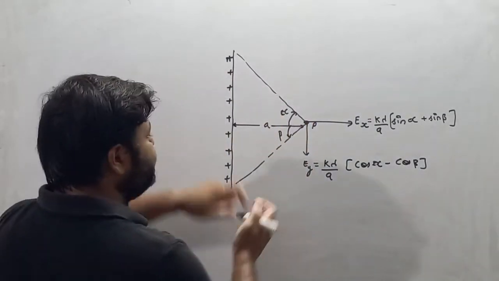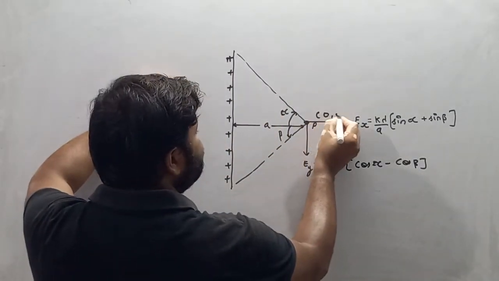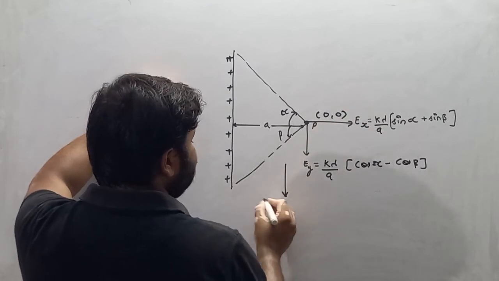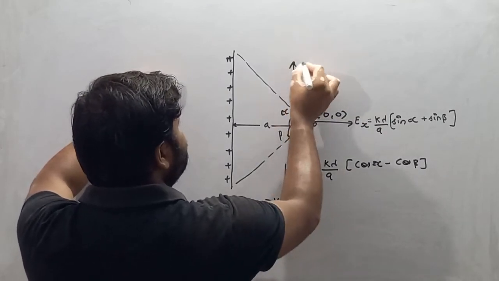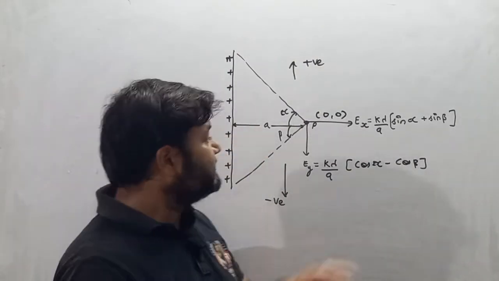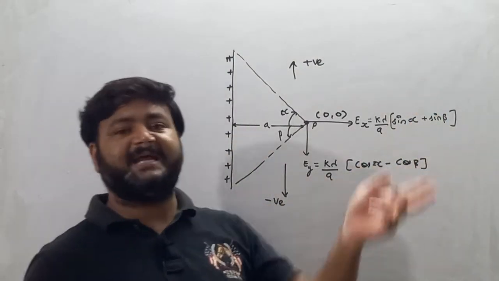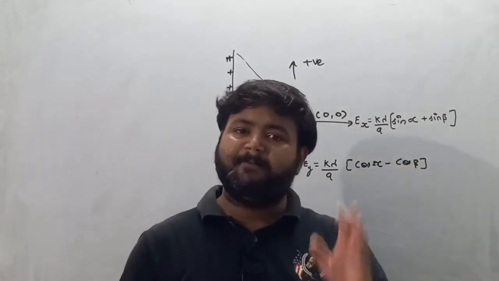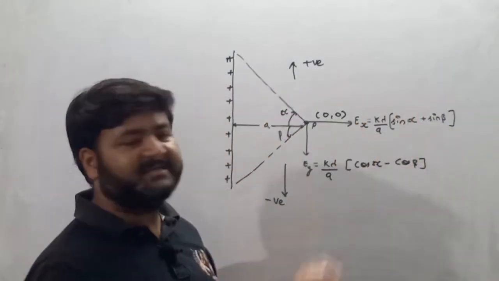Why minus beta, dear student? Because P is considered to be the origin, and below the origin we take negative values and above the origin positive values. So sine minus beta, and minus sine minus beta is minus sine beta, minus minus gives plus.